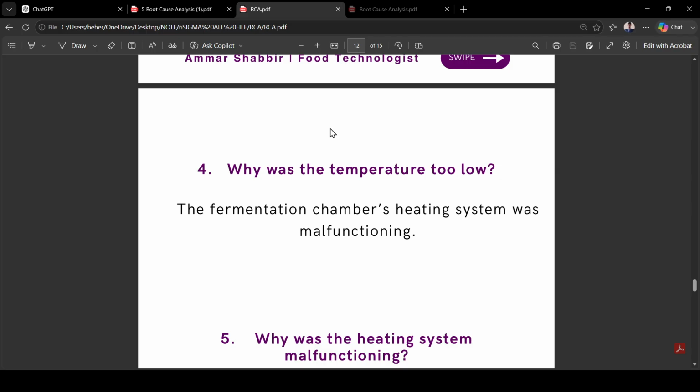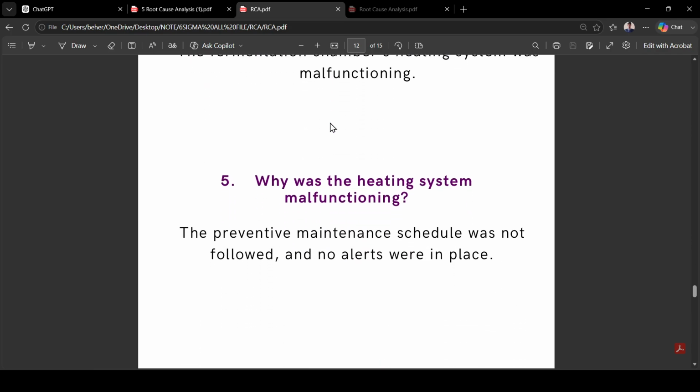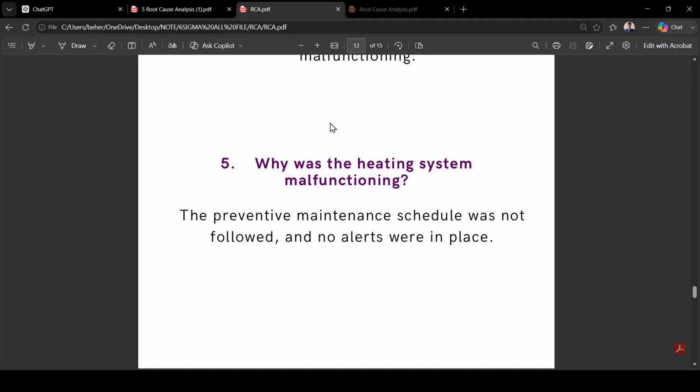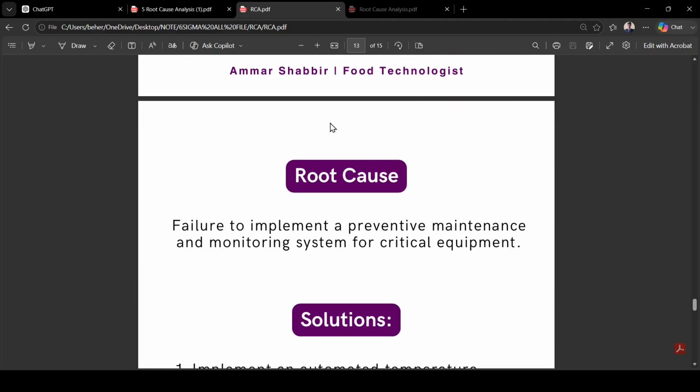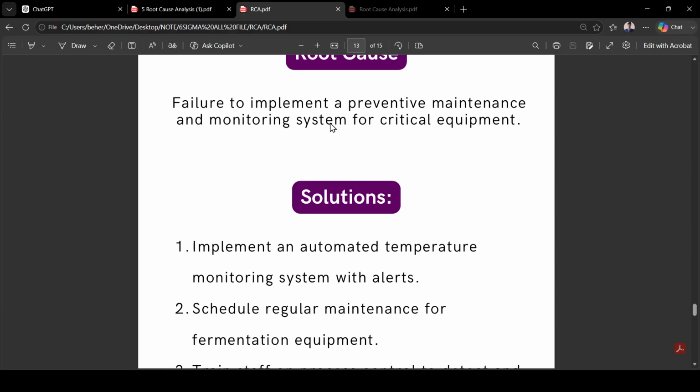Why was the temperature too low? The fermentation chamber heating system was malfunctioning. And why was the heating system malfunctioning? The preventive maintenance schedule was not followed. No alerts were in place. Root cause: failure to implement preventive maintenance and a monitoring system for critical equipment.